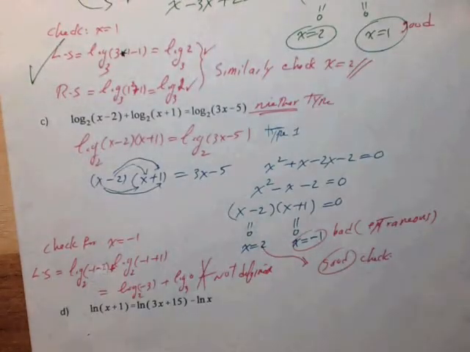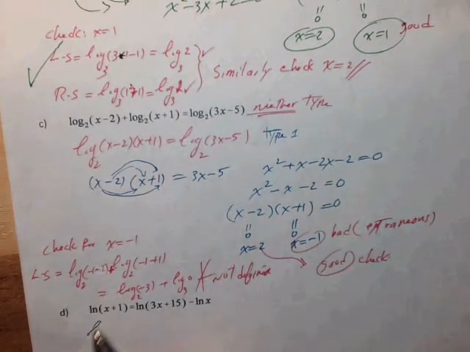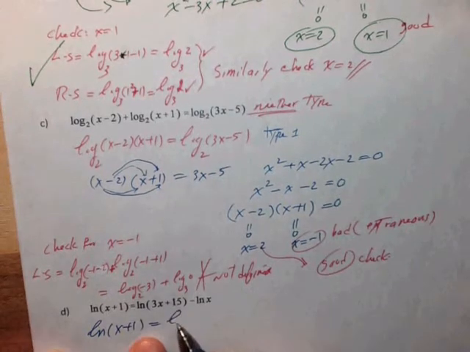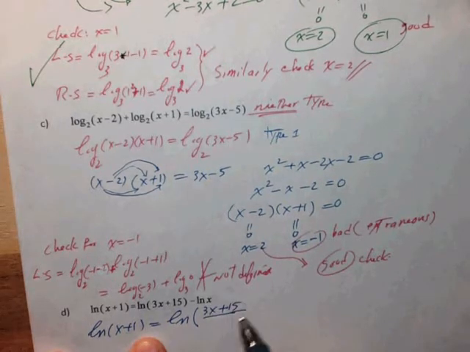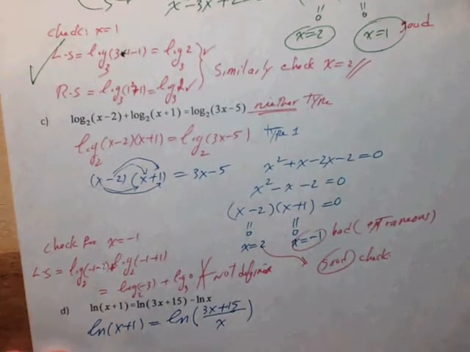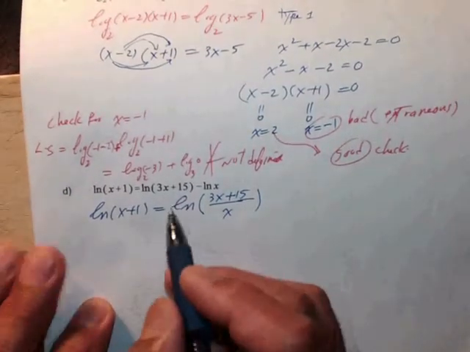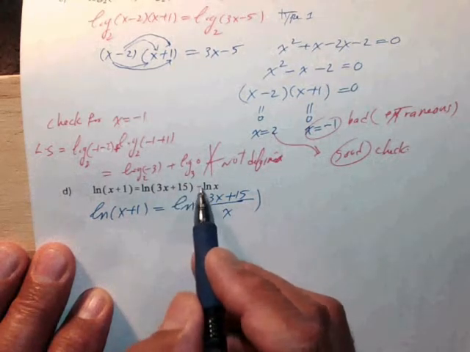Section 3.4 discusses this. So left side I have log of x plus 1, right side I have log of 3x plus 15 divided by x, like that. By property number 3, we divide because we have subtraction between.